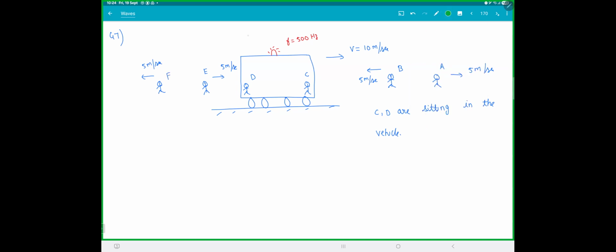On top of it, wind is also blowing from left to right. The total 6 observers are there.